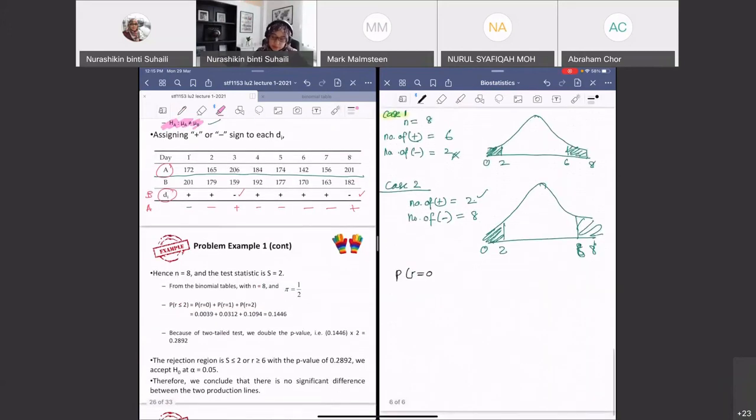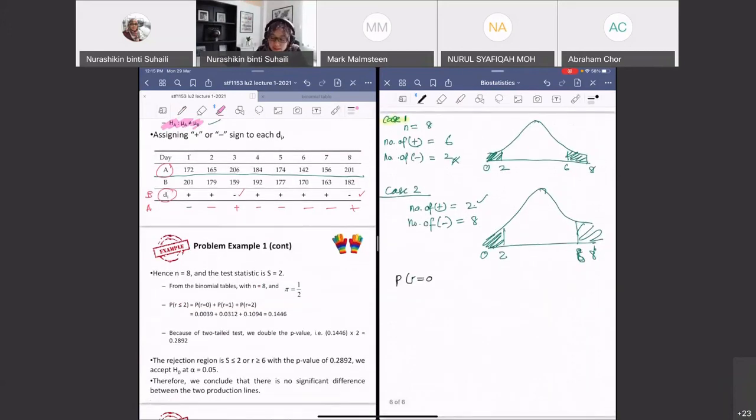So that means you have to calculate both areas of the tails. This one plus this one. Okay. But since they are actually the same, you just determine one and then you multiply by 2. So you just choose one tail, P(R=0) plus P(R=1) plus P(R=2). Right.